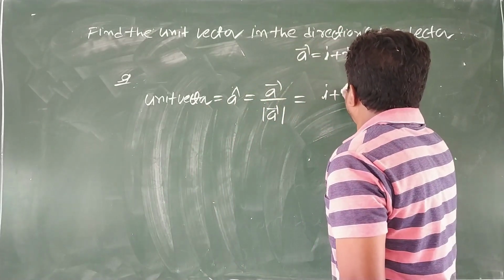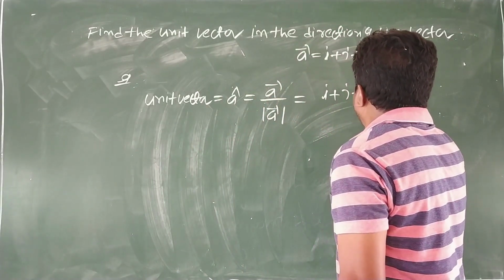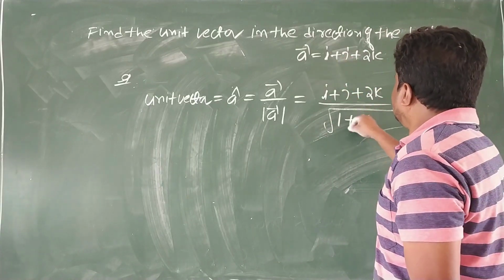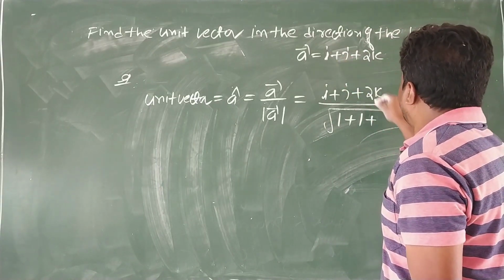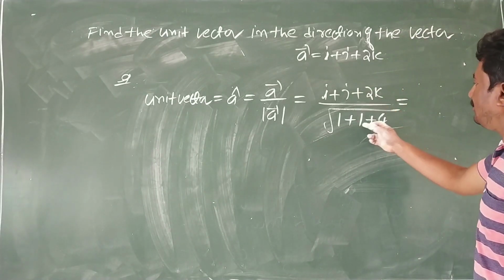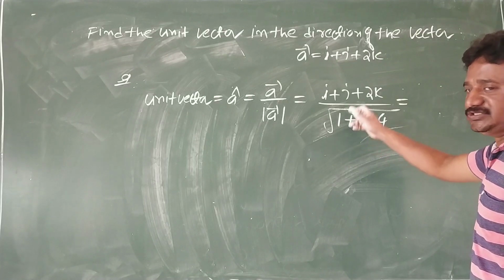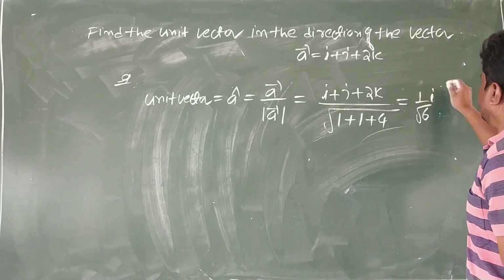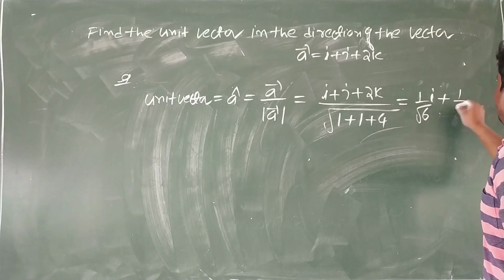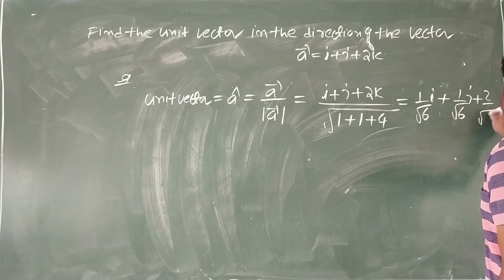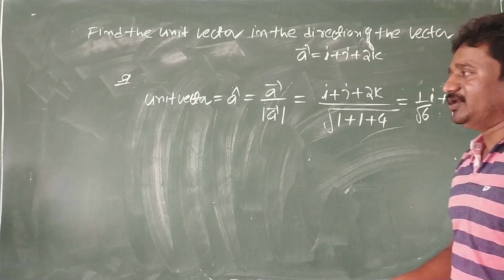Root of i squared 1, j squared 1, k squared 4. 1 plus 1 is 2, plus 4 is 6. So 1 by root 6 i plus 1 by root 6 j plus 2 by root 6 k. This is the required unit vector.